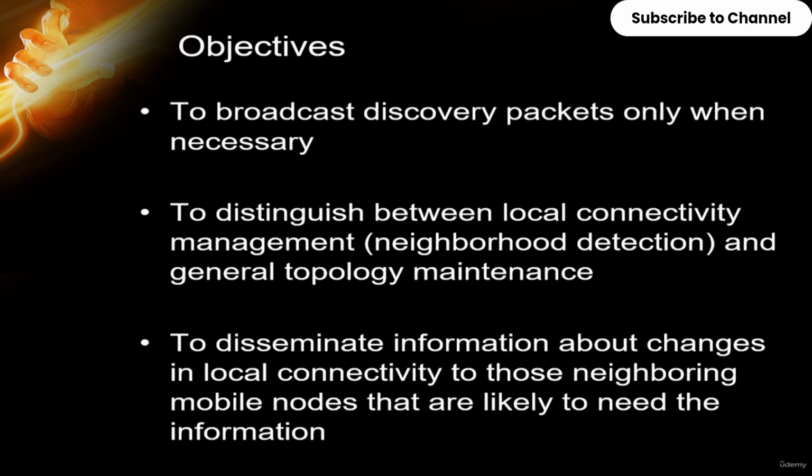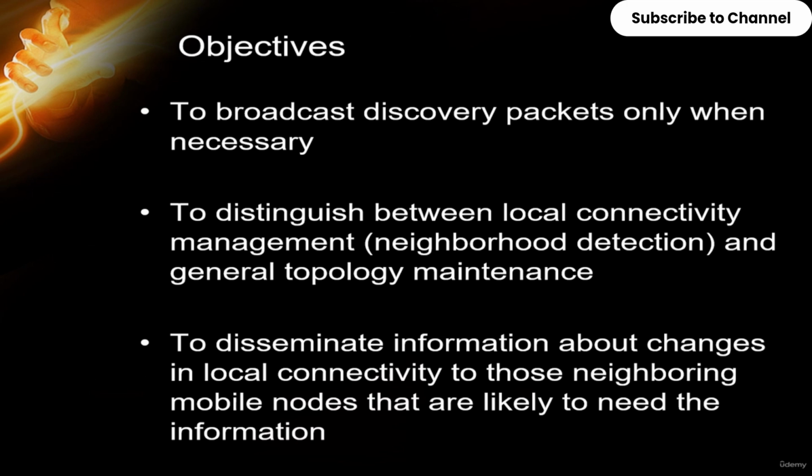Then, when the local connectivity of the mobile node is of interest, each mobile node can become aware of the other node's neighbors. How is it maintained? By maintaining local connectivity, that is, a local broadcast message such as a hello message. So the main goal of this algorithm is to broadcast discovery only when necessary, and it also distinguishes between local connectivity management, that is, who are all its neighbors, and general topology maintenance.